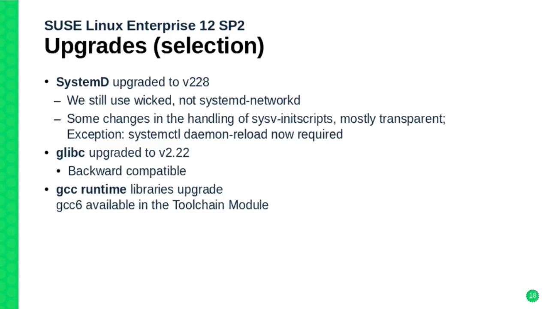It's just because we got questions, will you switch to systemd networkd? No, we will not. There are functions in Wicked that are important and vital and that are not available with the networkd of systemd. So we keep it, and even the upcoming SLE 13 will have Wicked. So just to make this clear, there's no change planned.